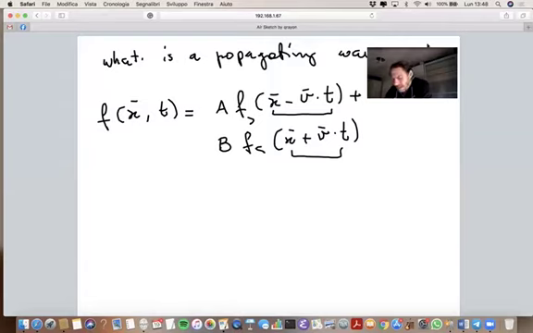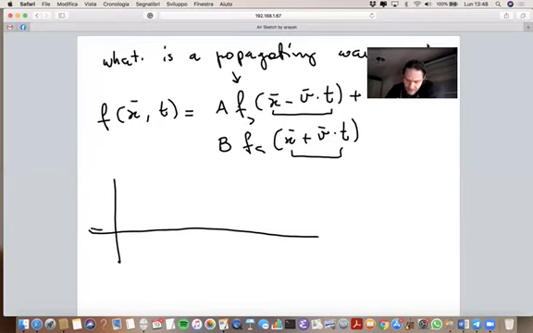Okay, it must be mysterious, right? What does it mean? But let's look at this in particular, and then we look at the other. Well, this first expression says, if I look at the function at time t, maybe it's something like f at x and t naught, the initial time.